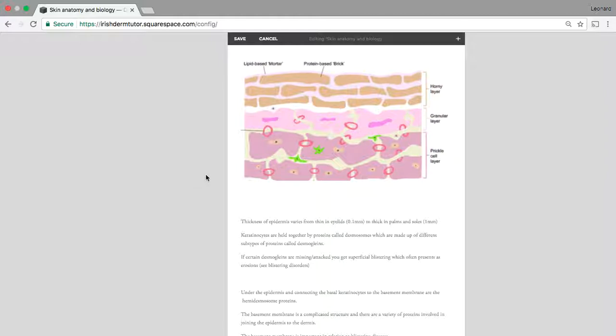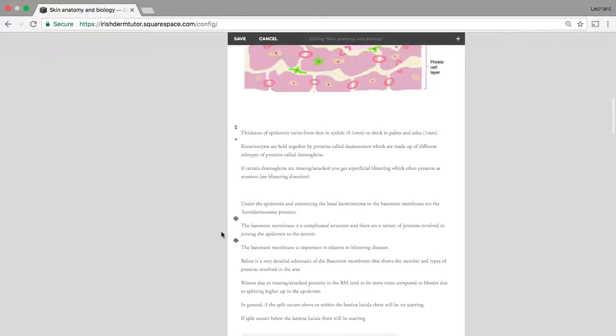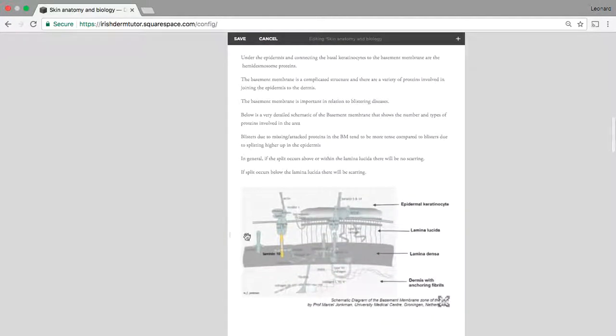Now, underneath the epidermis, connecting the basal keratinocytes, so basically the bottom keratinocytes, to the basement membrane, are the hemidesmosome proteins. Again, these are a family of proteins that basically hold the epidermis to the dermis. The basement membrane is a very complicated structure, and I've used this schematic to try to show how complicated it can be.